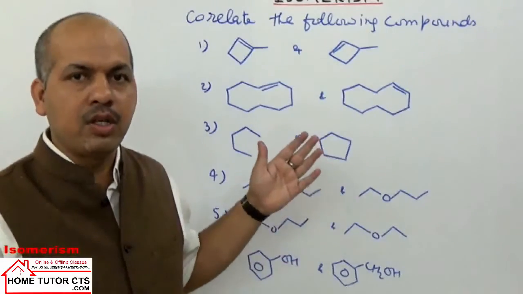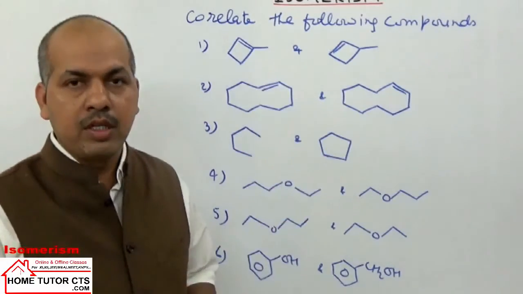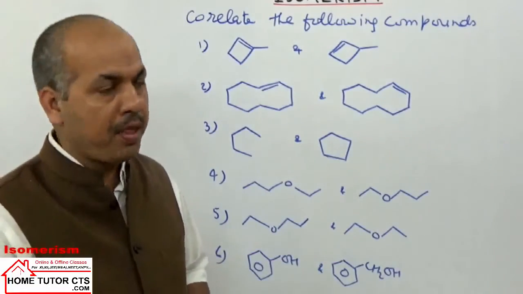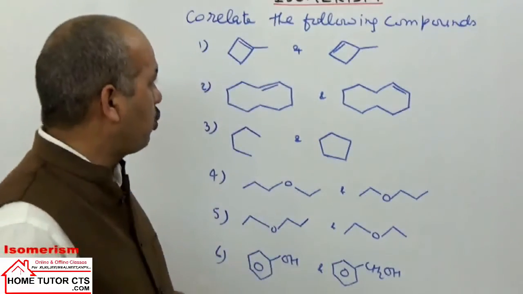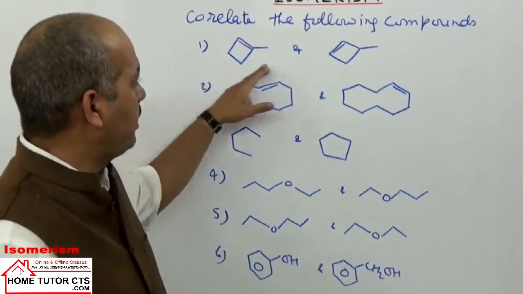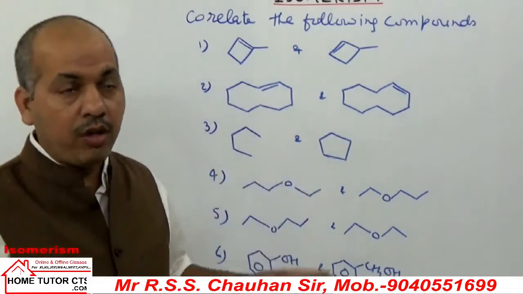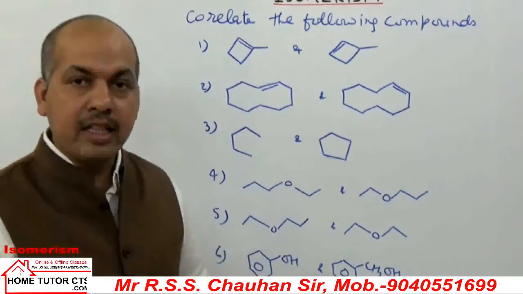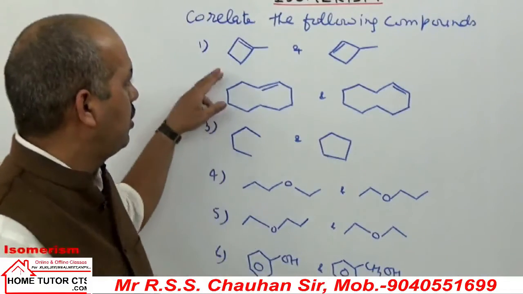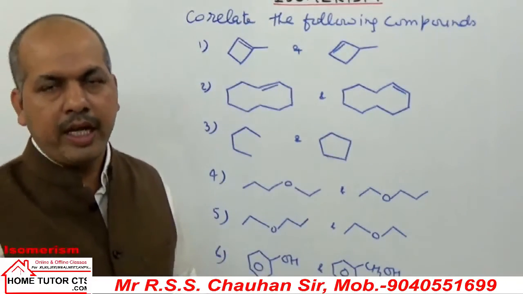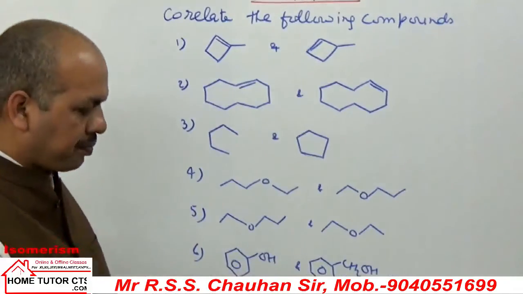Isomer means in this case structural isomers. If yes, then they belong to which category of isomerism? That we will tell in the given bits here. Part 1 is given, you draw all the compounds, write the structure of all the compounds, then you compare and tell the answers. Okay, so note down all the points and then try yourself.